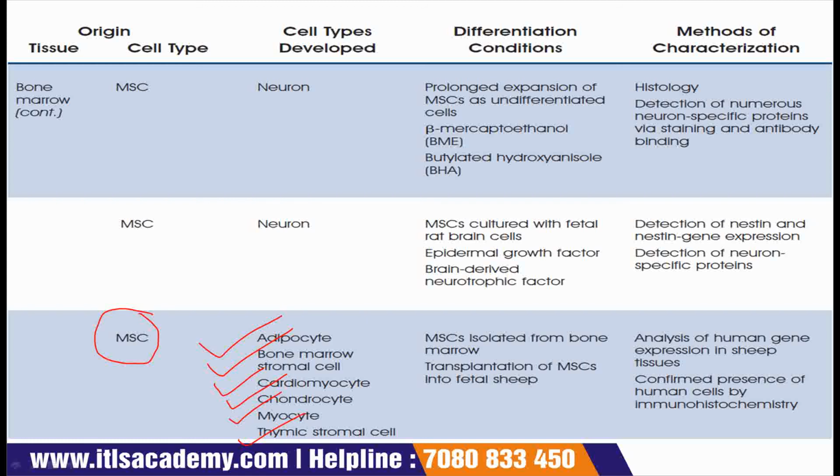For these cells, differentiation conditions are mesenchymal stem cells isolated from bone marrow and transplantation of mesenchymal stem cells into fetal sheep. The method of characterization will include analysis of human gene expression in sheep tissues and confirmed presence of human cells by immunohistochemistry.